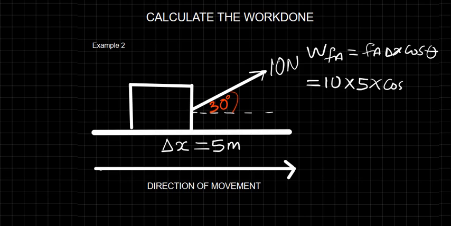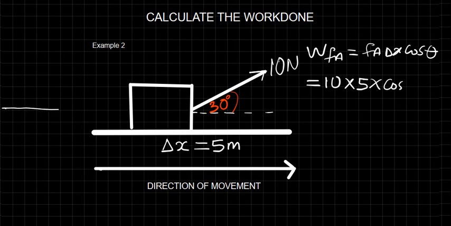We can see that the displacement goes to the right and the angle between the force and the displacement is 30 degrees. So we say cos 30.